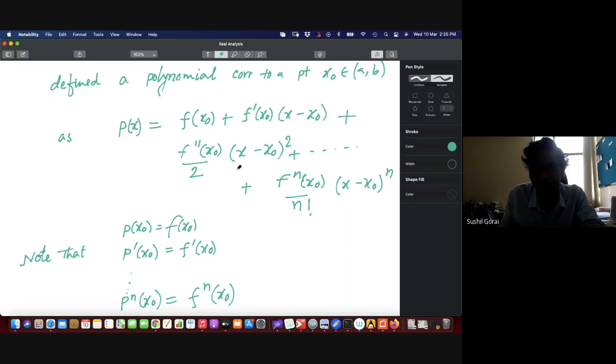Did you get this comment? You see here, p x minus f x naught is actually less or equal to some constant times mod of x minus x naught, right? Because x minus x naught is present everywhere.